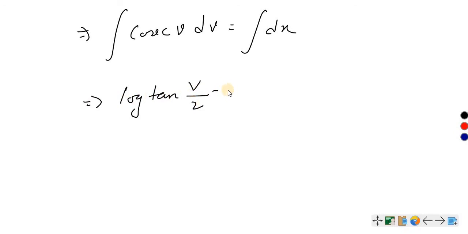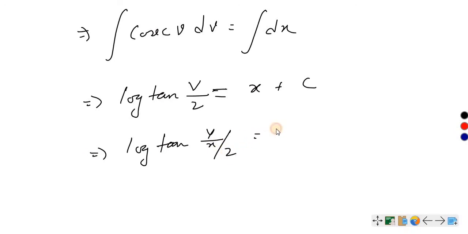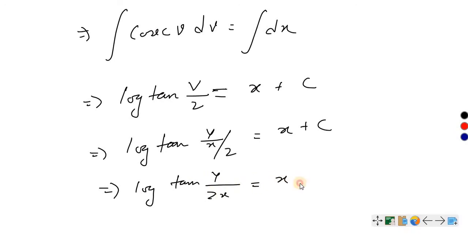So this is the formula, which will be equal to x plus c. So if you simply put the value of v, you will get your answer, that is log tan (y by x divided by 2) is equal to x plus c. So this is your final answer.